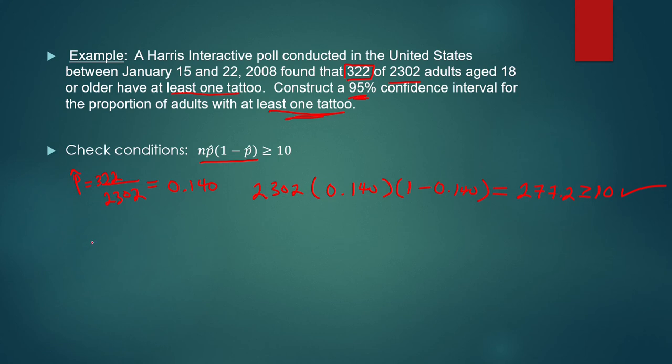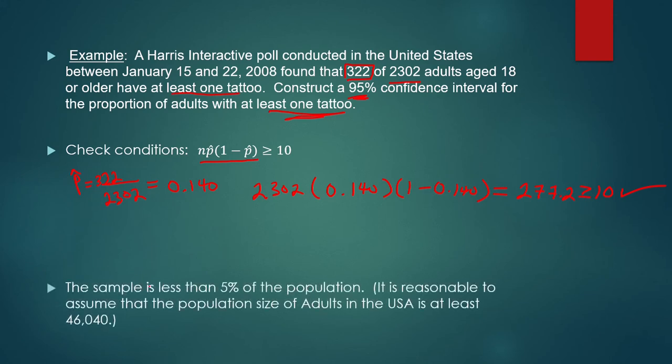Now for the second condition, all we have to do is state the same sentence over again. The sample size is less than 5% of the population size. It is reasonable to assume the population size of adults in the United States is at least, we're going to take 20 and multiply that by the sample size of 2,302, and we get 46,040.